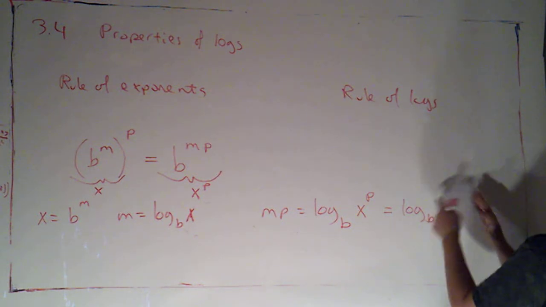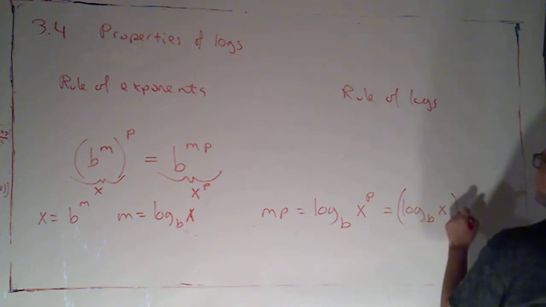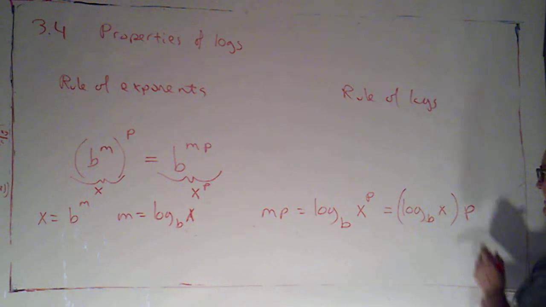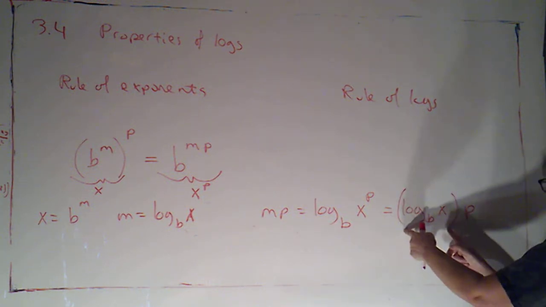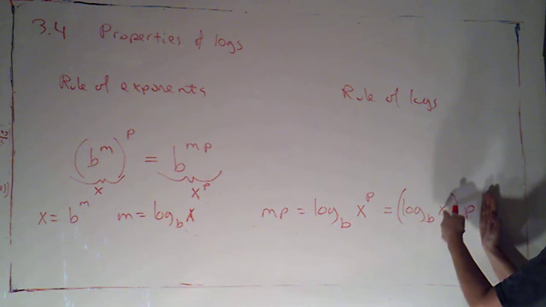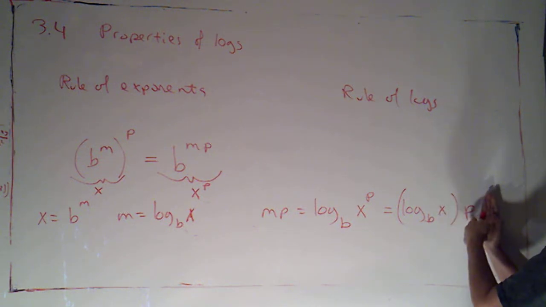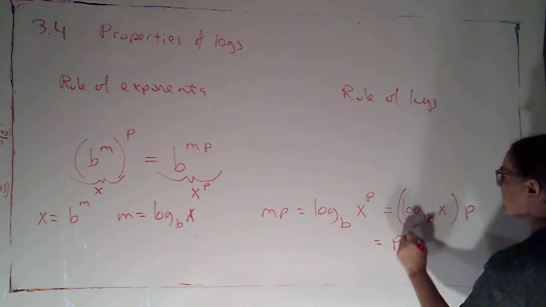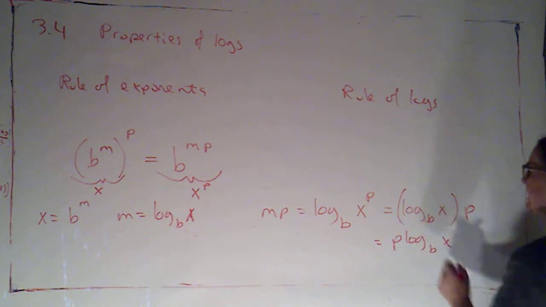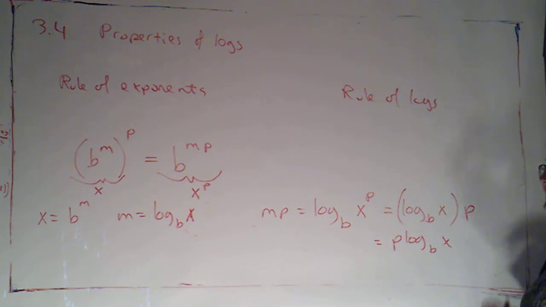Now rather than writing the times p, usually the way you'll see that written is so that we don't need to have these parentheses to make it clear that it's not the log of xp, but it's the log of x times p. Usually we'll write that p first. So we'll have p times the log base b of x.